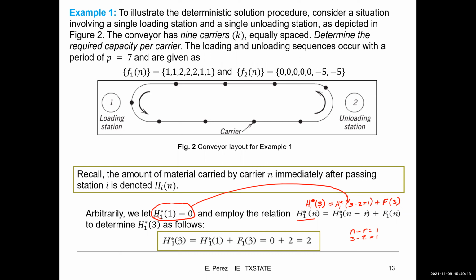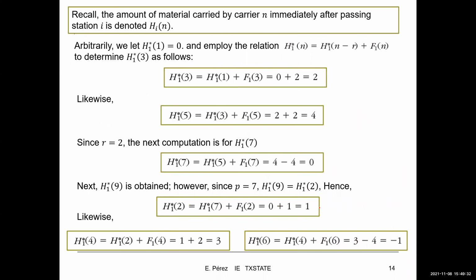And now I have two values. I have the value of h1 star of 1, and I have the value of h1 star of 3. And I have to repeat this process in order to find all 7 values of h1 star, which is what we are doing here. For the next one, I'm sorry, this is the one that we just found. So I'm going to use h1 star of 3 to find h1 star of 5.